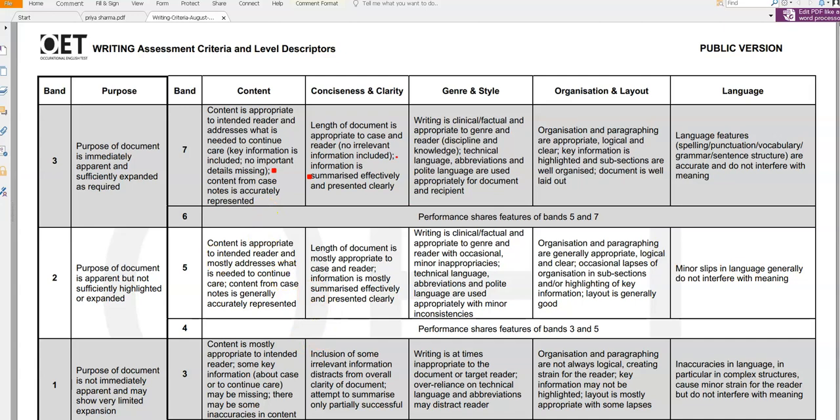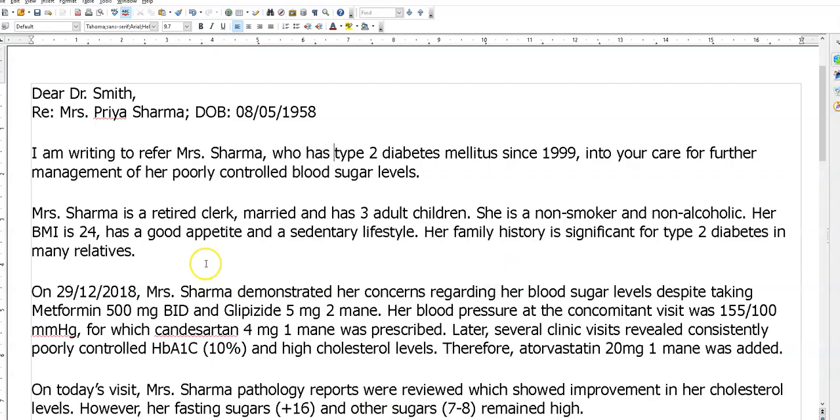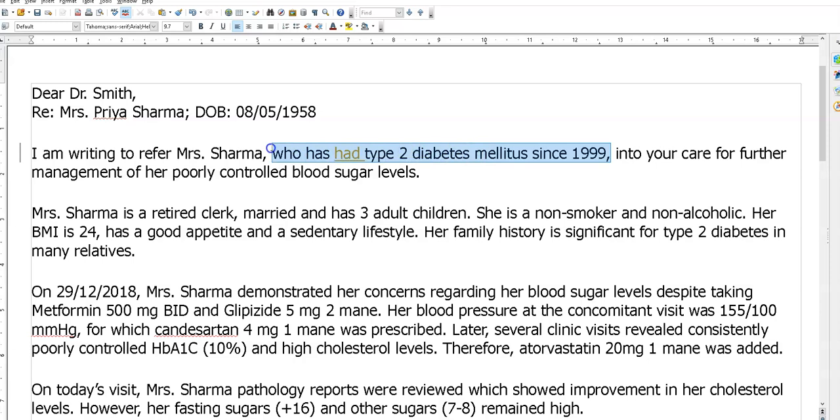Okay, so let's have a look. Right. Refer Mrs. Sharma into your care, who has had, because she still has it apparently. Now, you don't really need this detail here. You can put it a bit farther down in your history paragraph.